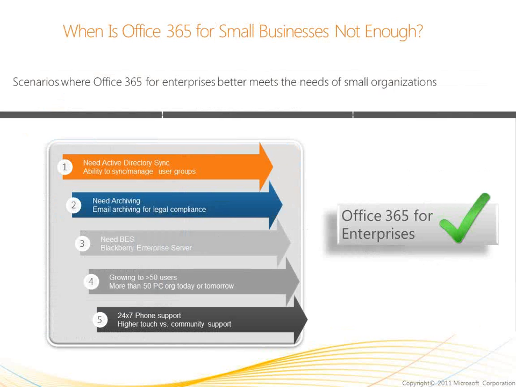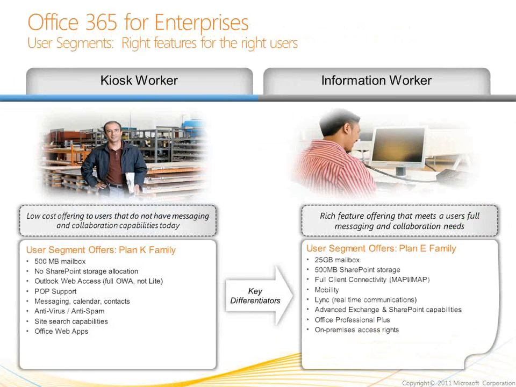Now, things that it doesn't include that the higher plans would support: if we want to integrate with our existing Active Directory that we might have on our network and synchronize with it, or if we want compliance-based archiving for the mailboxes, or to use BlackBerry Enterprise Services. And then, of course, growing beyond 50 users and the 24/7 support. If we need any of those things, then we move up to the enterprise plans.